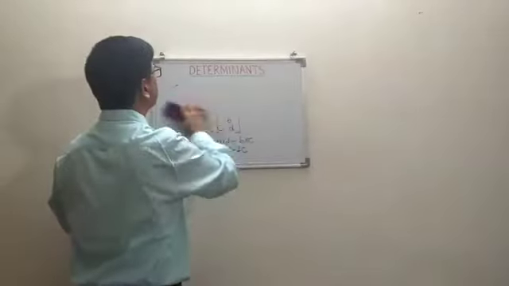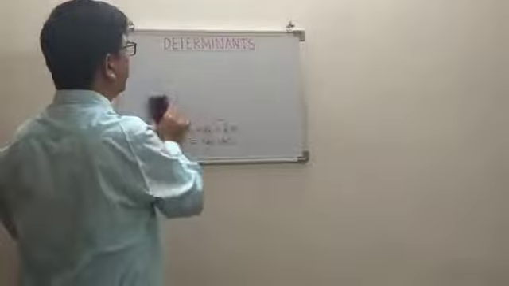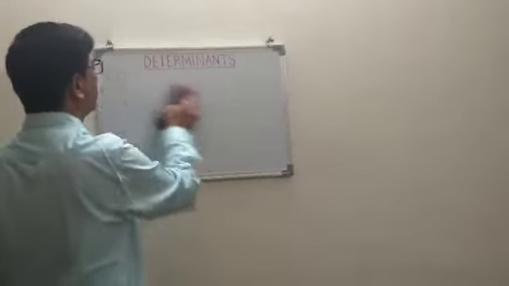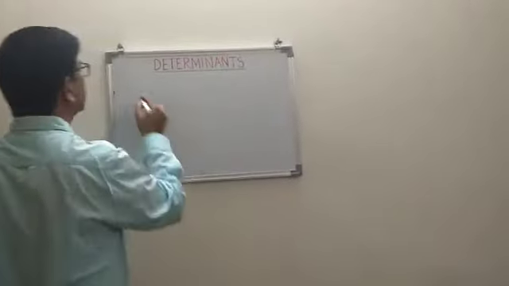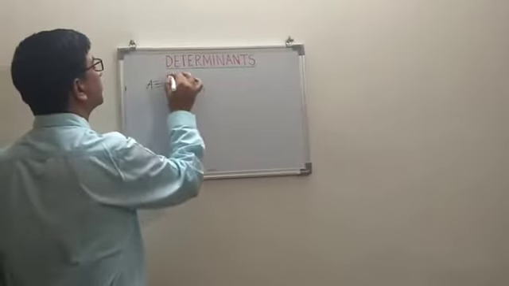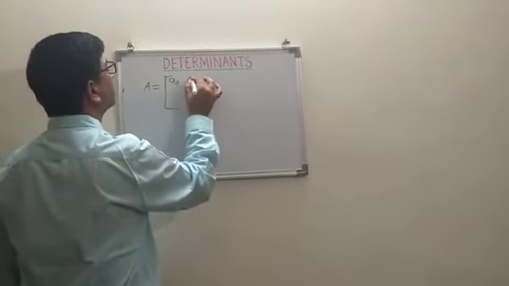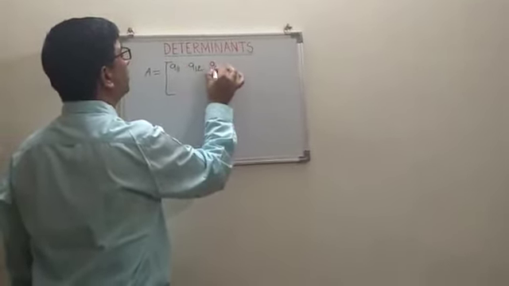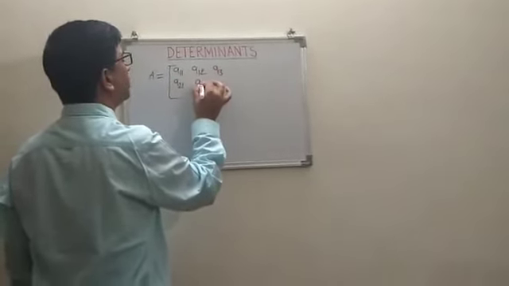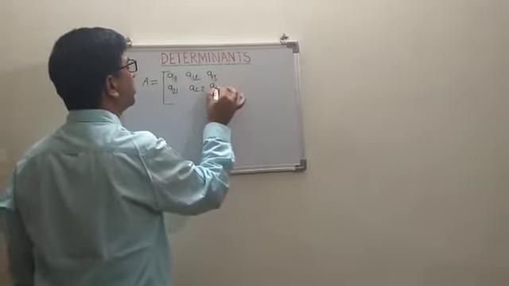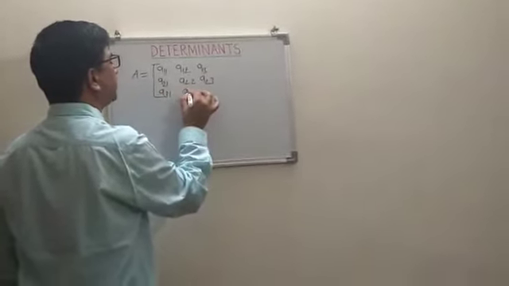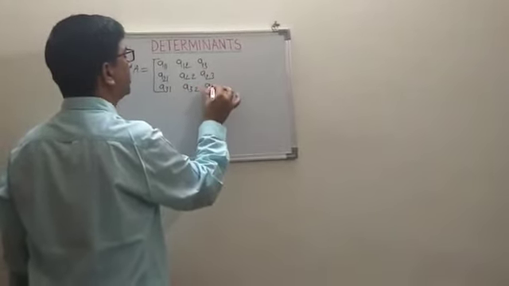We are taking an example of an order 3 matrix, the general matrix: A11, A12, A13, A21, A22, A23, A31, A32, A33.